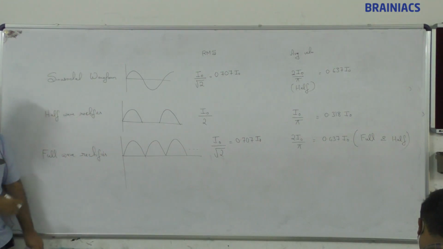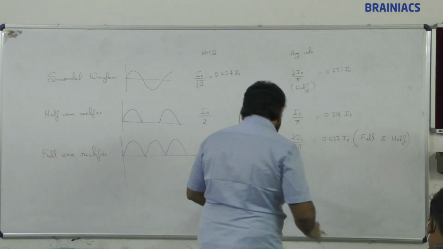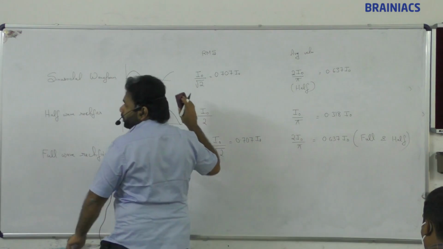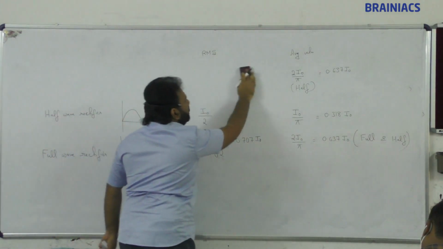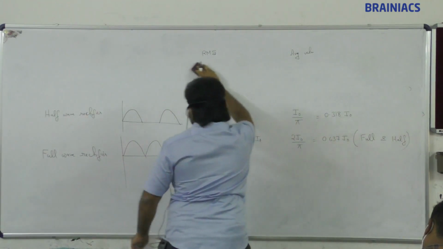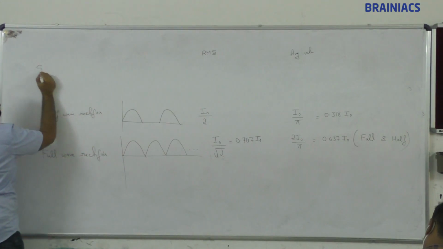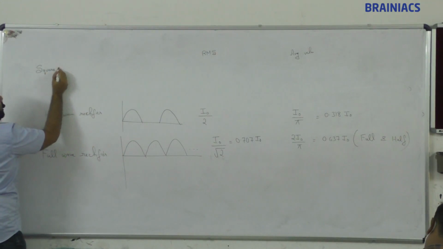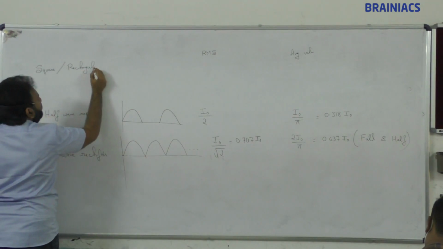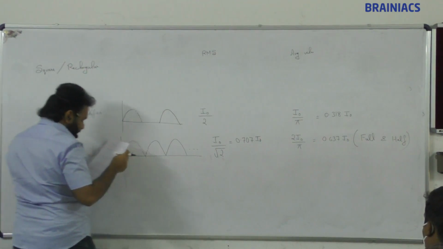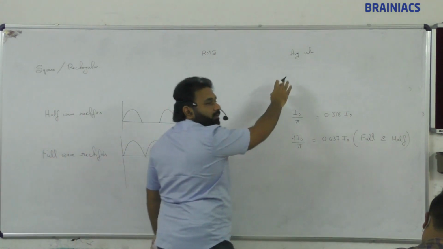Suppose I write here square and rectangular. Square, rectangular, both are same. In this case, what will be the average and RMS value?